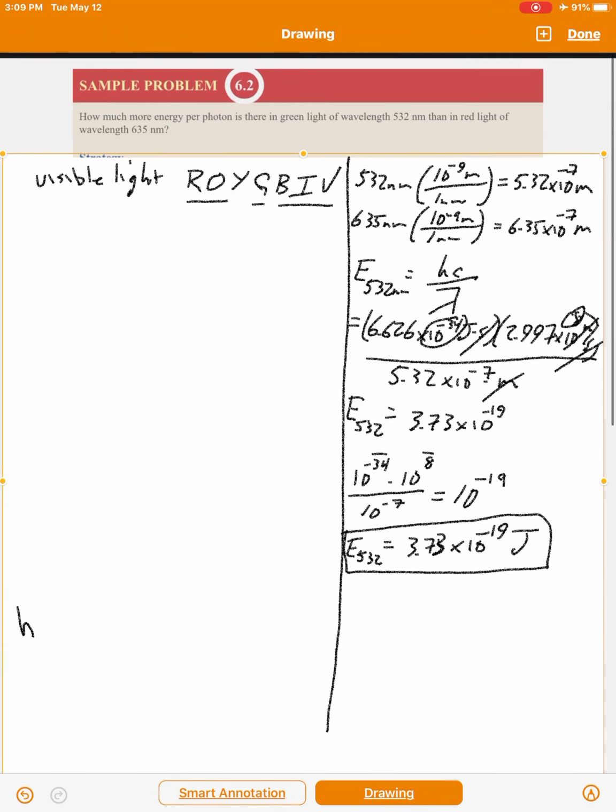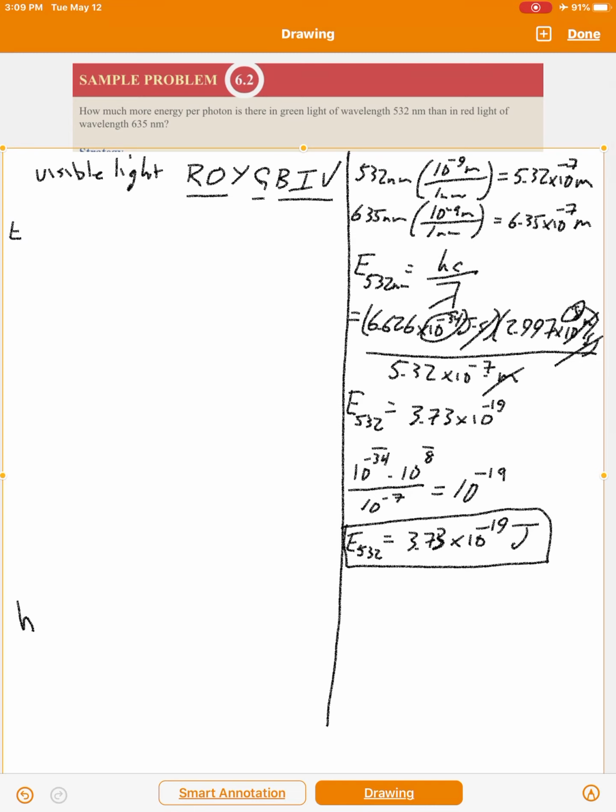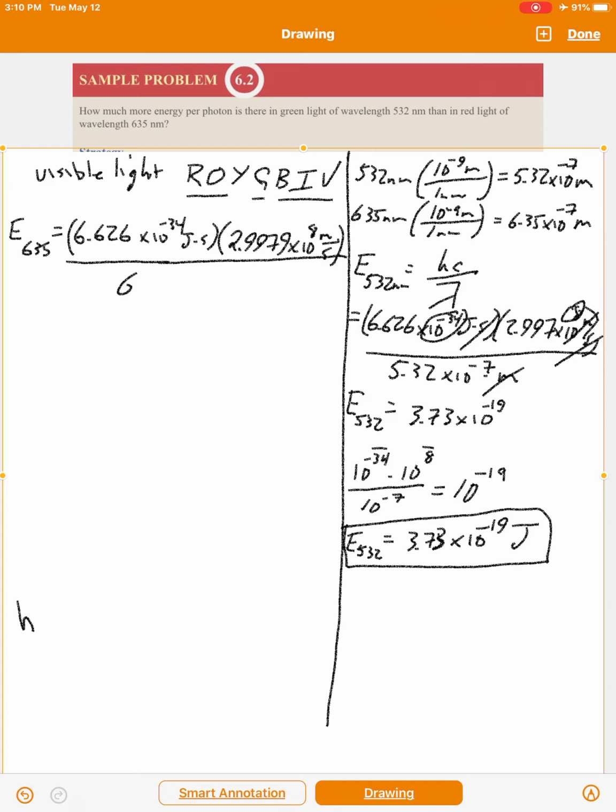So now let's do the 635. Again, hc over lambda. That would be 6.626 times 10 to the minus 34 joule seconds, that's h, multiplied by c, 2.9979 times 10 to the 8th meters per second, divided by lambda, 6.35 times 10 to the minus 7 meters.